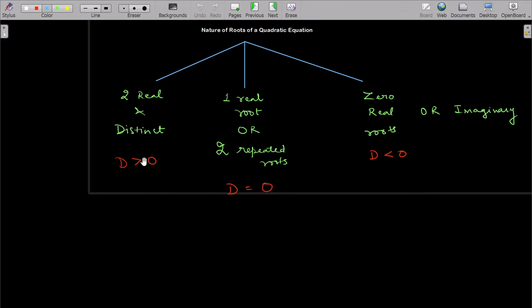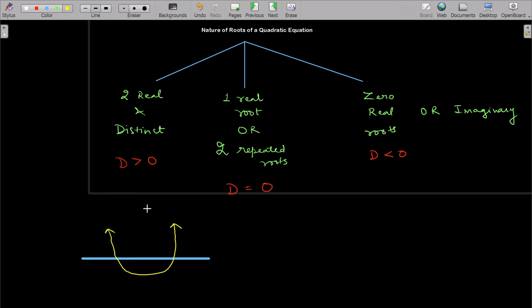So the first case, now we have to connect all the topics together. When you get 2 real and distinct roots, when you draw the graph of the parabola, it is going to intersect the x-axis at 2 points.